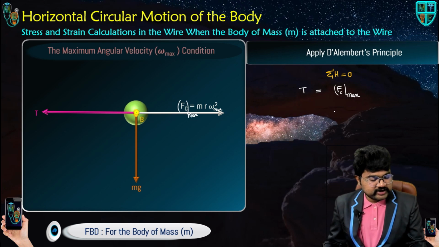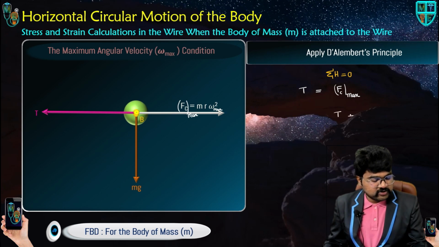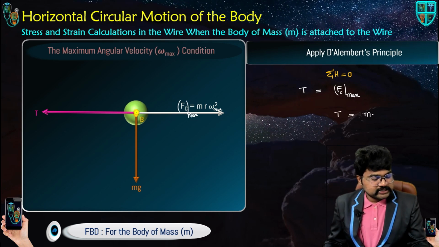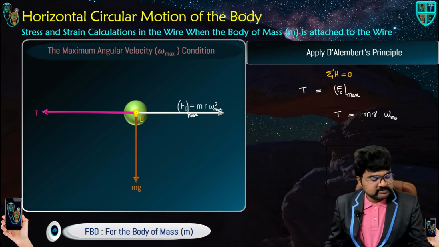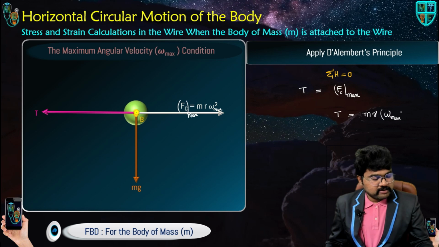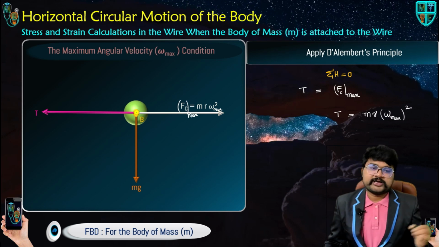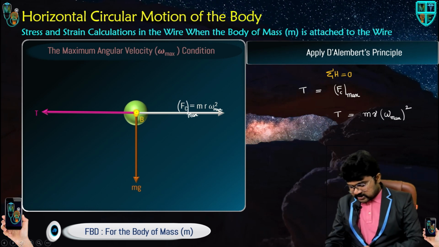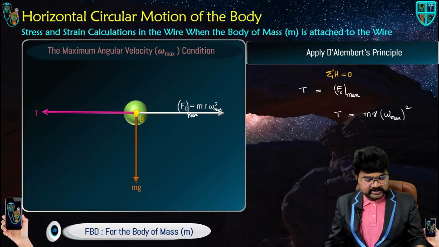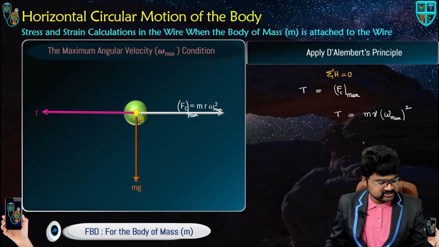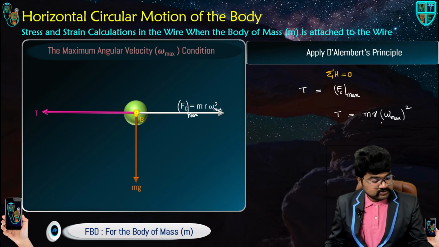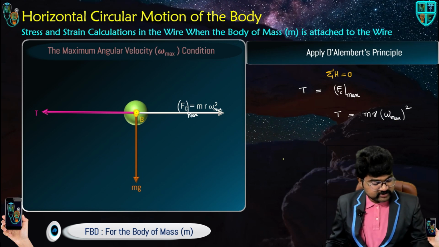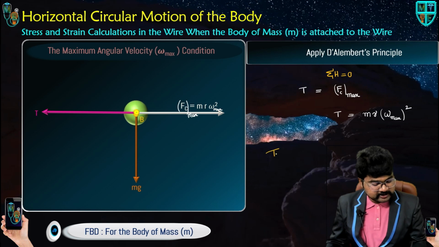Then I can confidently say that T equals m R omega maximum whole square. This is also the maximum tension in the string, m R omega max square. Finally, tension in the string.